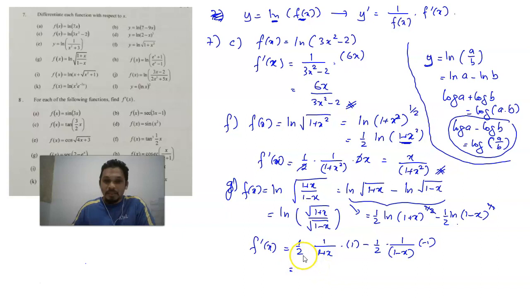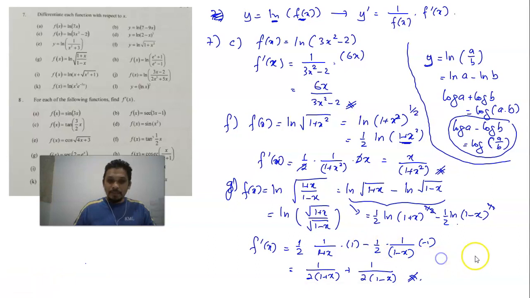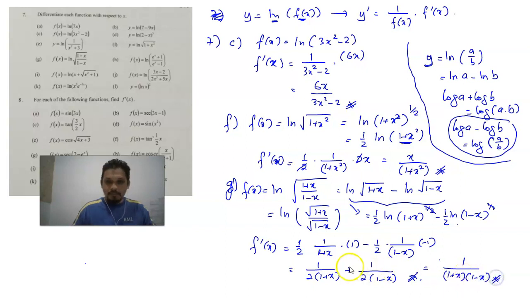So we come up with 1 over 2(1 plus x), negative with negative, positive 1 over 2(1 minus x). There you go. So class, for this one now, try to simplify this until you get 1 over (1 plus x)(1 minus x). Try yourself how to simplify this one.